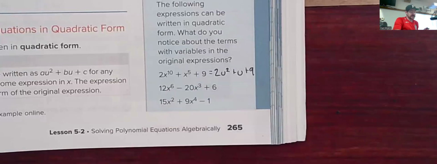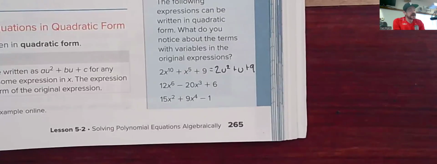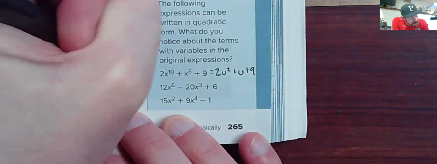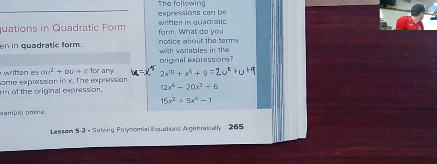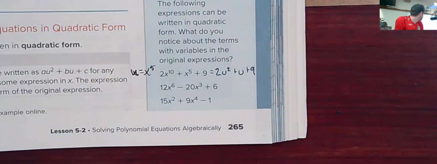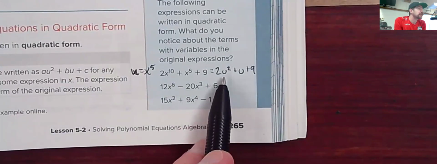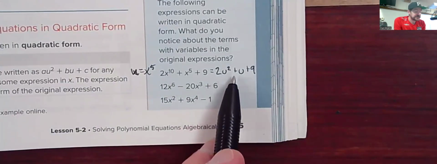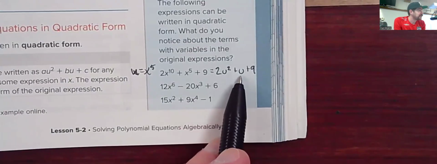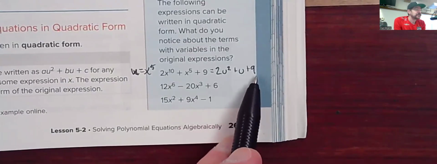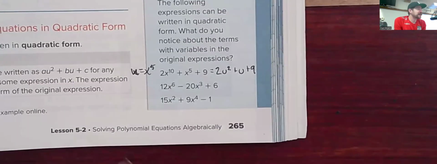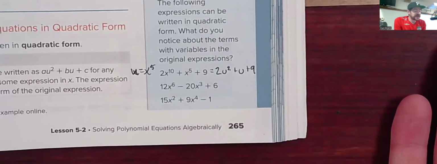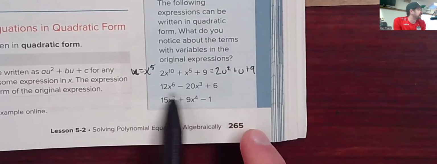So we're going to say u is equal to x to the power of 5. Because if you think about what that means, this would be 2 times x to the 5th power squared plus x to the 5th power plus 9. You're basically creating a quadratic out of something that could be rewritten as a quadratic.